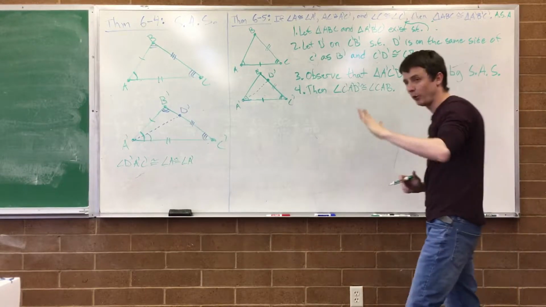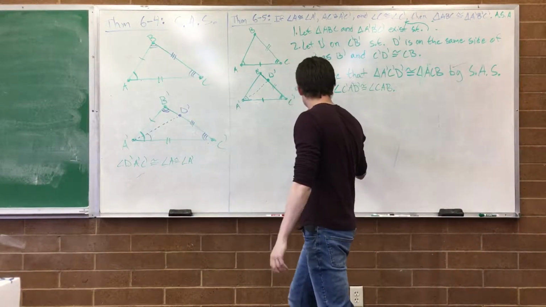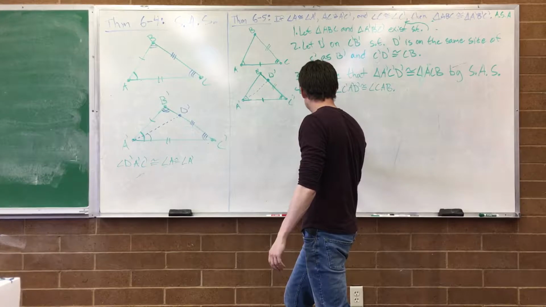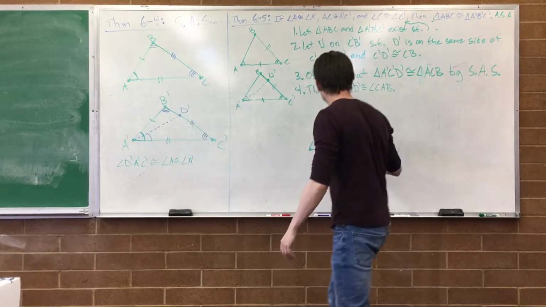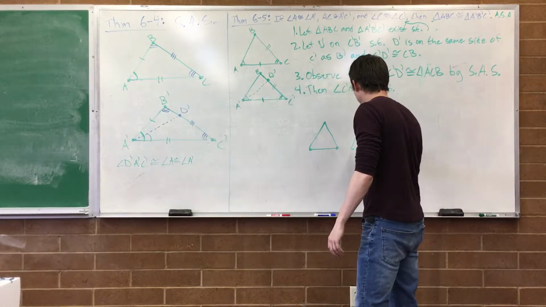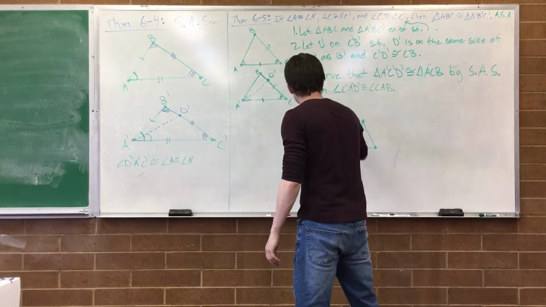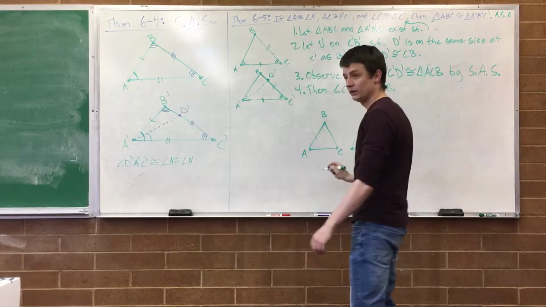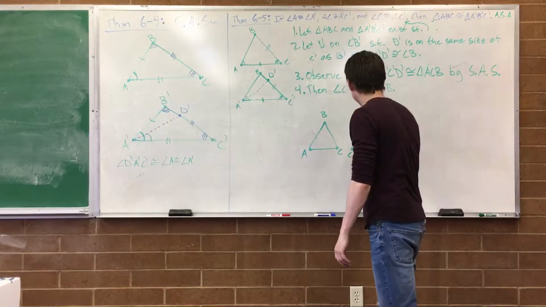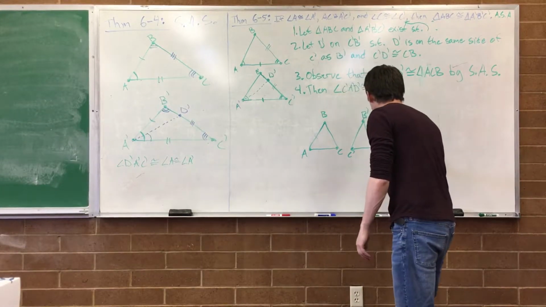So maybe we'll push pause on this for a second because this is an important point to get into your head. So let's say that I have A, B, C, and then C prime, B prime, A prime.